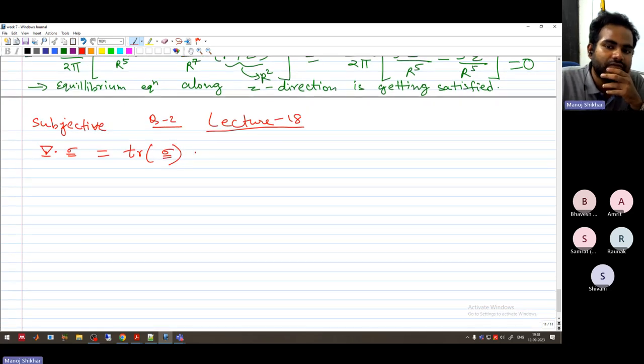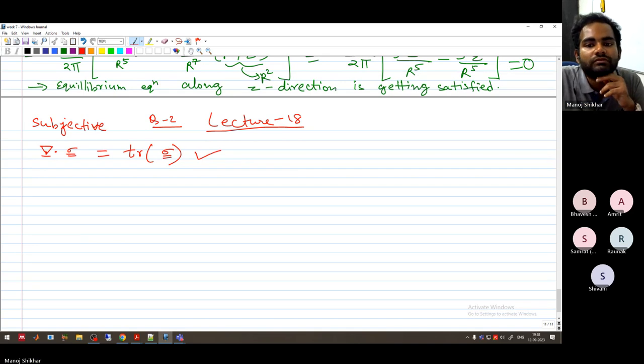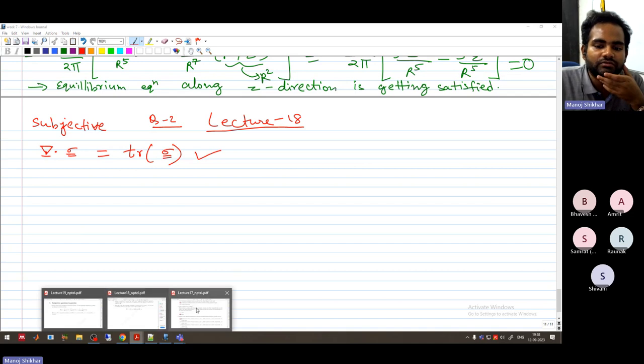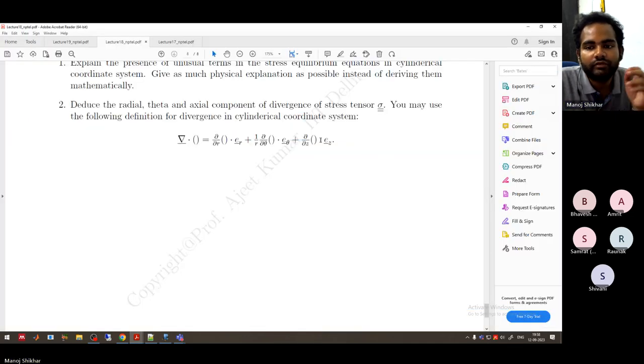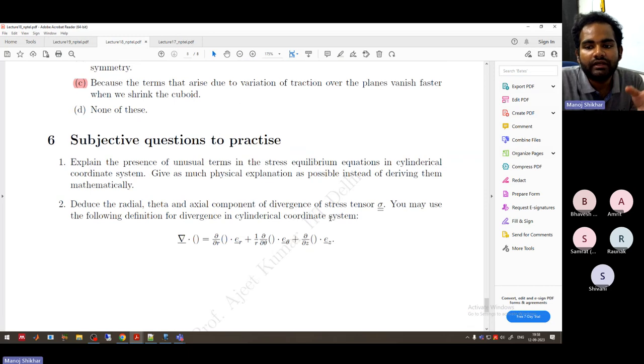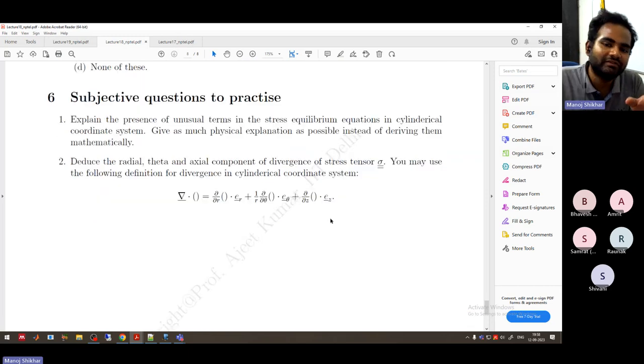If you do this, you will be able to find the solution. The other thing is you can use this formula. You can put everything here, and you will realize that at the end you get the same thing which I have told you. Try it using both methods.